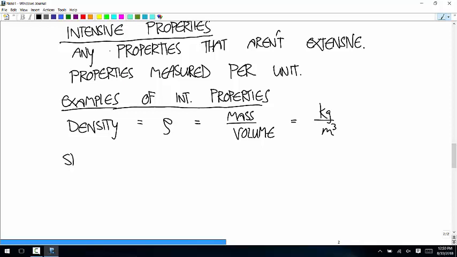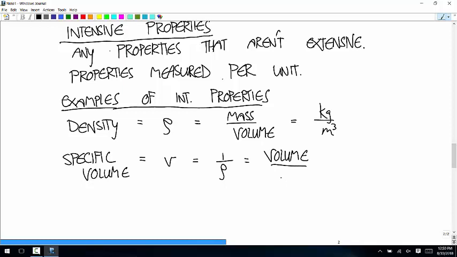Specific volume is one you probably haven't used much in classes outside of thermodynamics, but it's going to be important to us. That's represented as a lowercase v, and it's just 1 over the density, so volume over mass.